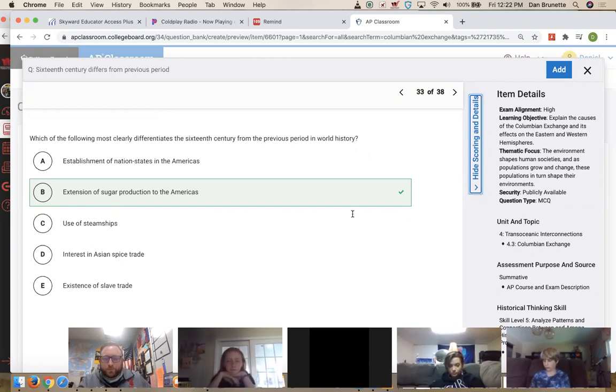Okay, so let's go through an explanation of this real quick. It says, which of the following most clearly differentiates the 16th century from the previous period? Nation states. The establishment of nation states did not happen in the 16th century. It wouldn't happen until the 1700s, really, and then after that, the 1800s in Latin America.